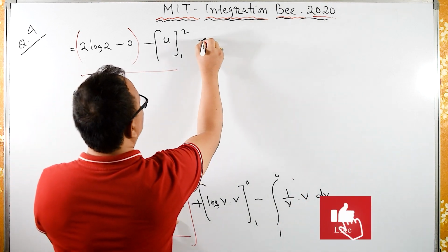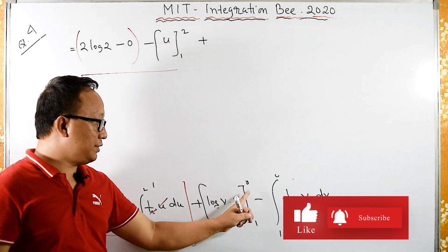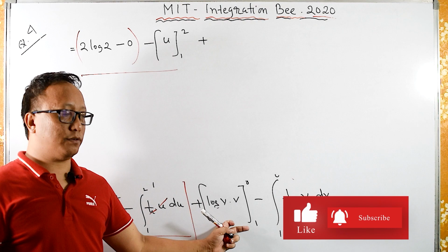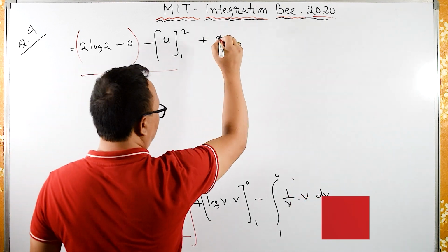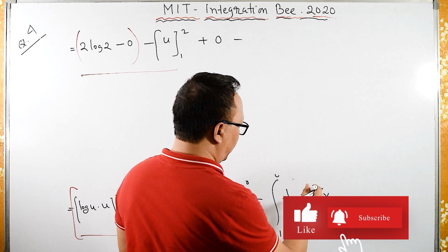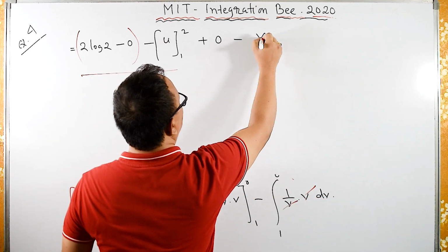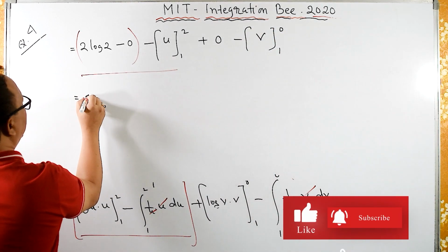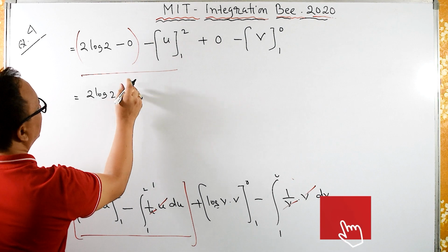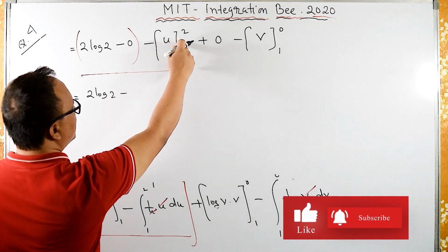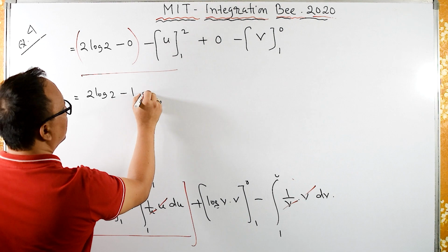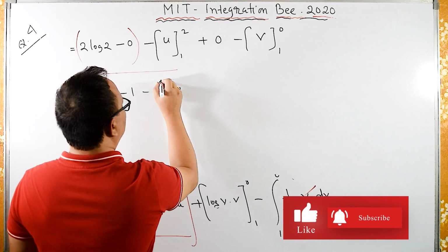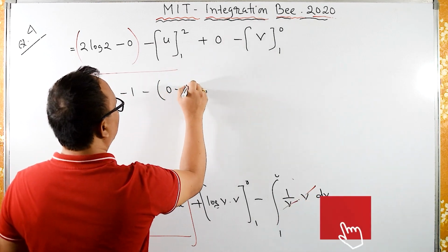Then plus, when I substitute v equals 0 everything becomes 0, and when v equals 1, log 1 is 0, so we have 0 minus, and similarly here we have only v, with limit from 1 to 0. So we have 2 log 2 minus 1, plus 0 minus 1.